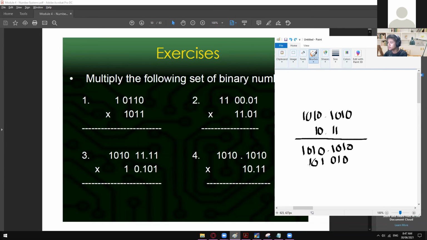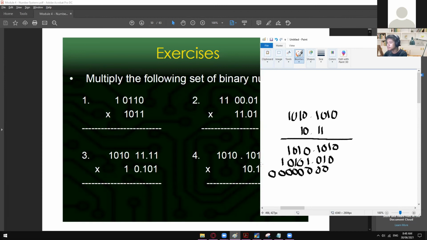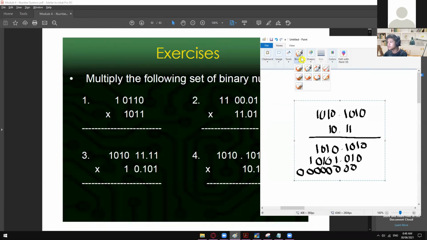But in here we now have 0, so same method, just move one step. So we now have here 0, 0, 0, 0, 0. Okay, so let me just move this one a bit right here. And then another one is 1, so just simply copy everything but move one step. So the decimal is now in here.